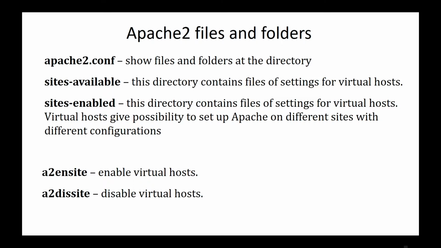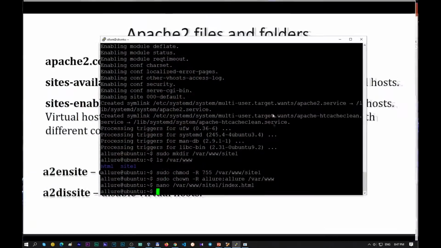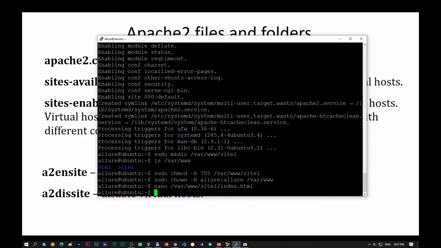All of these files are in the sites-available folder. This directory contains settings files for virtual hosts. So let's go to our body. We need to copy our default conf file and give a new name to it.